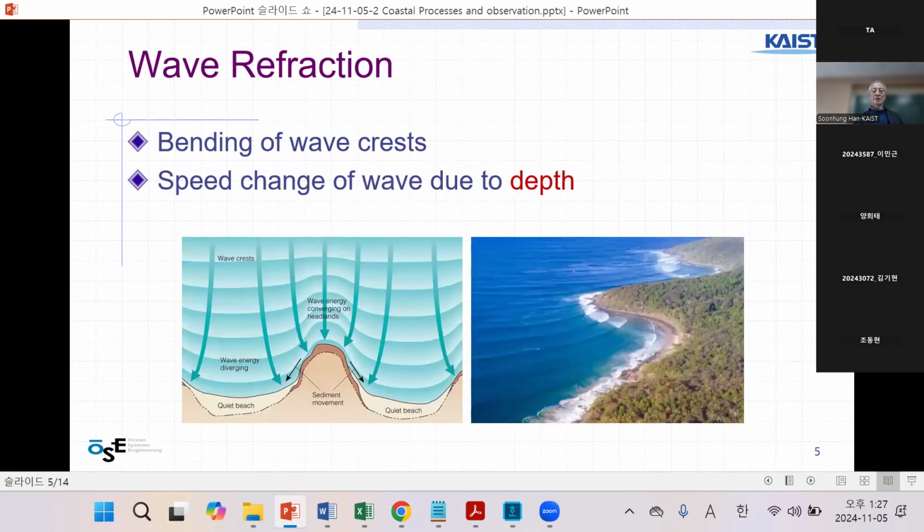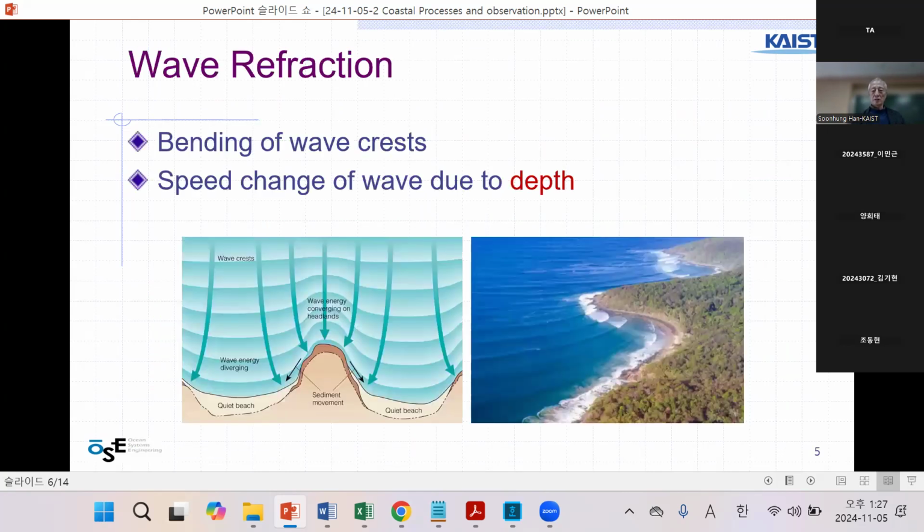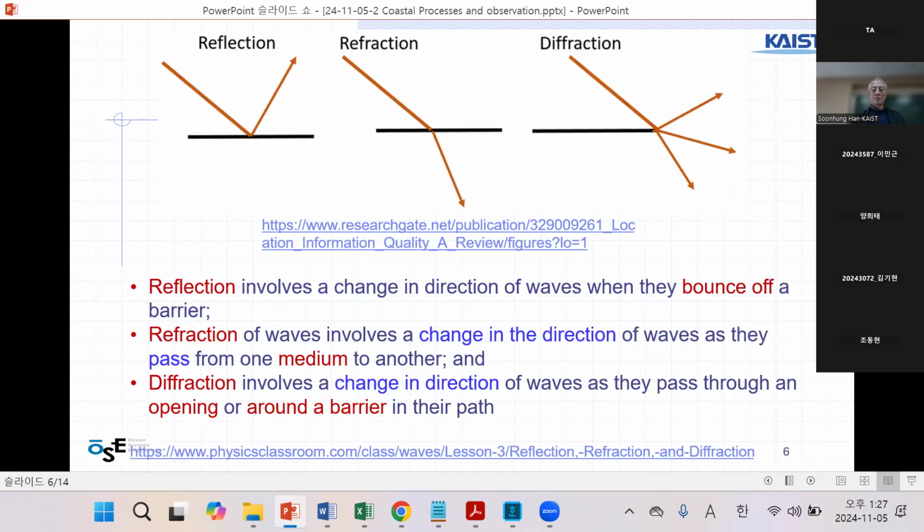Wave reflection. The reflection is bounce off at the left hand side, and refraction is usually through one medium to another.